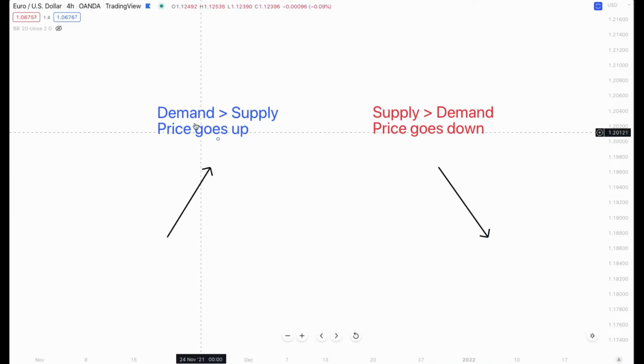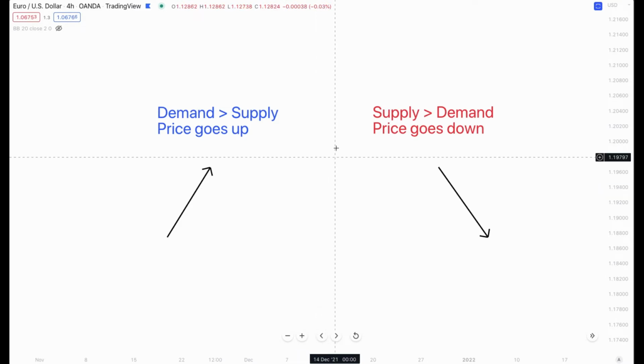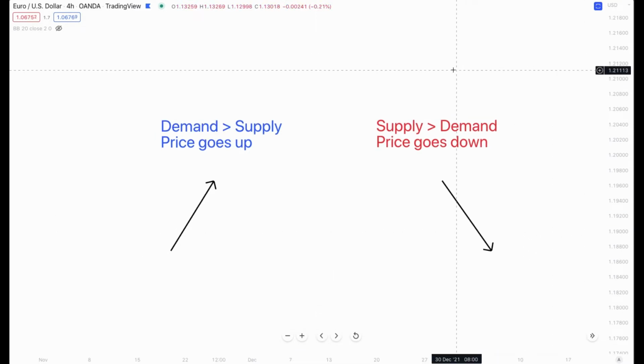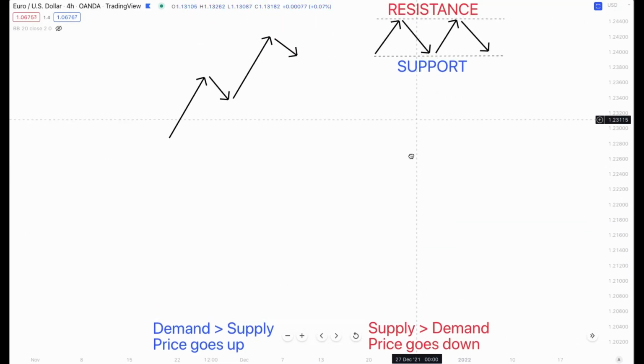Now, how does demand and supply become support and resistance? Well, let's go back up to our little drawing here.